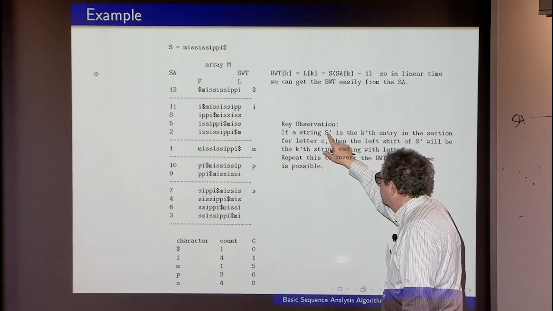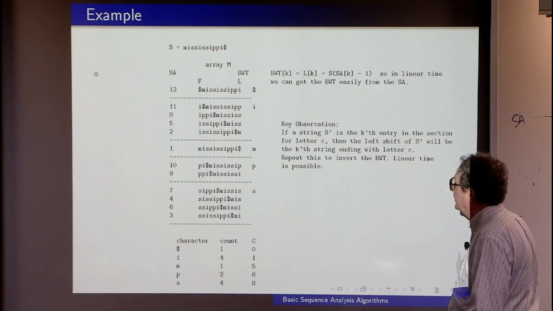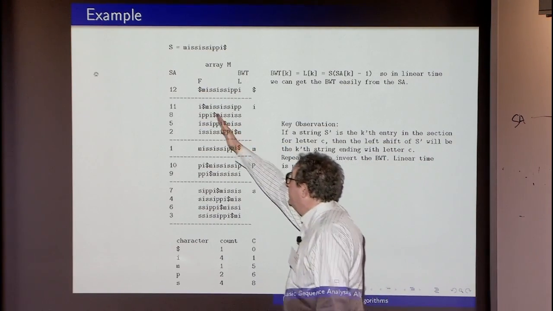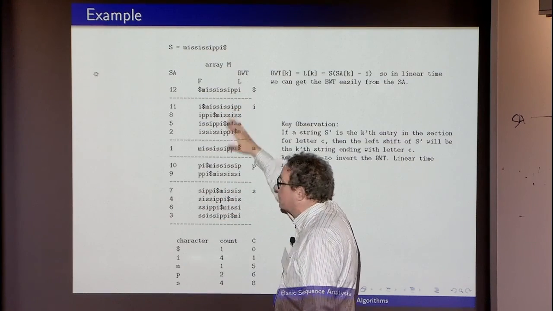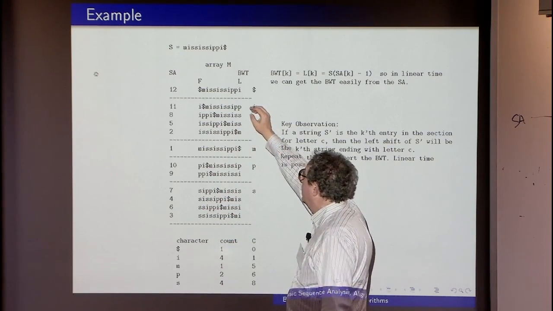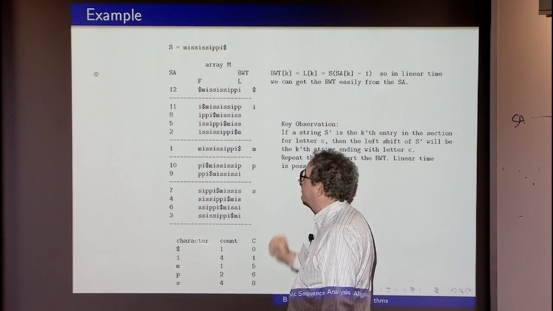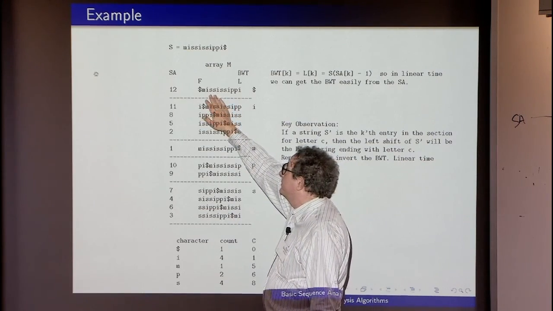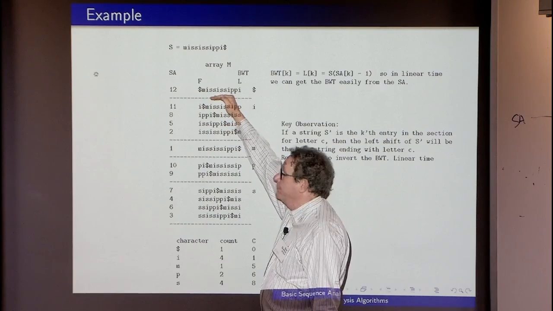Oh, sorry, I have to back up one thing. Since these are the rotations and they're ordered lexicographically, obviously all the rotations that begin with the lexicographically smallest character come together in one section.